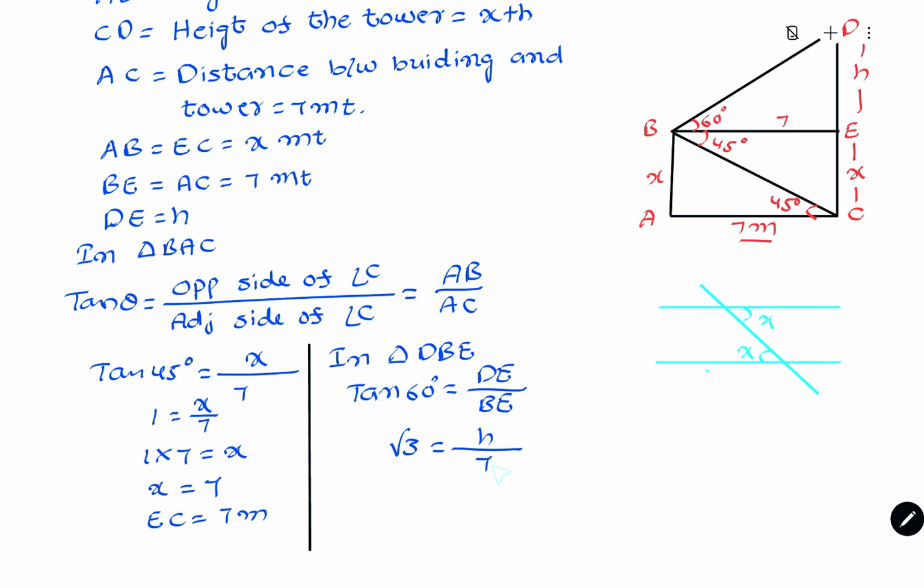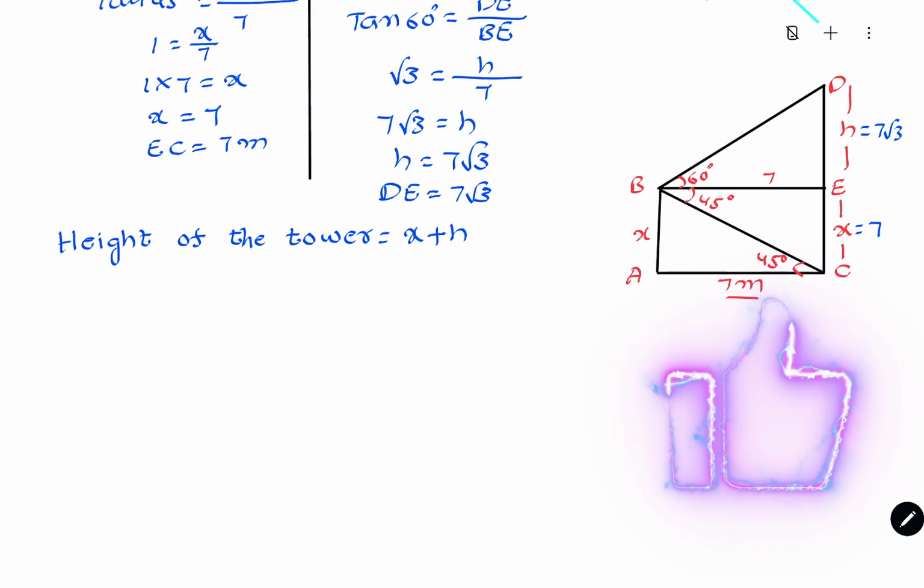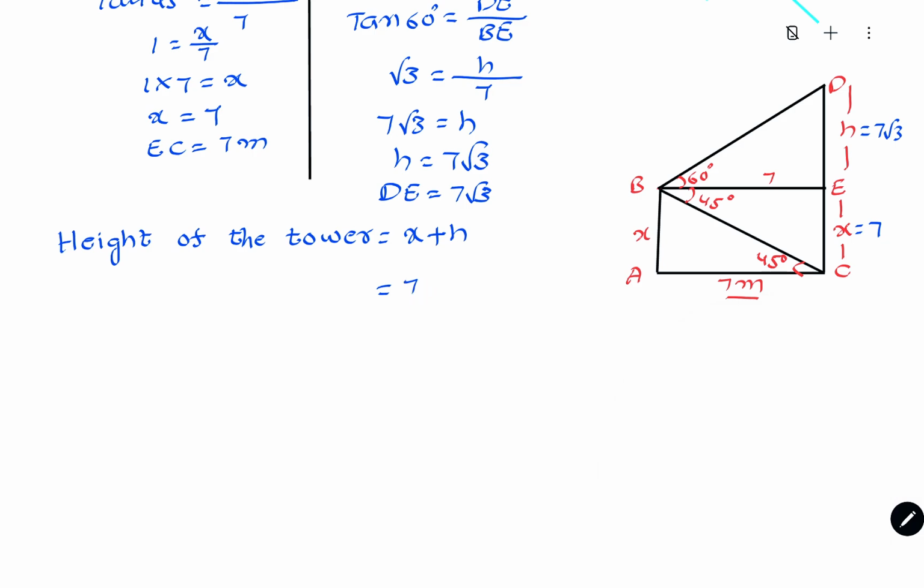Now transpose 7 from RHS to LHS, then it will multiply the LHS value. Here 7 into root 3, 7 root 3 is equal to h. We can write h is equal to 7 root 3, which is the DE length. Here the height of the tower is x plus h. Here x is 7, h is 7 root 3.